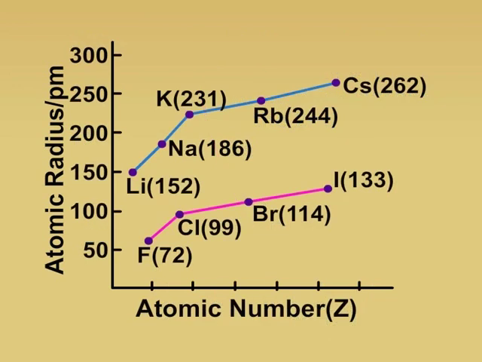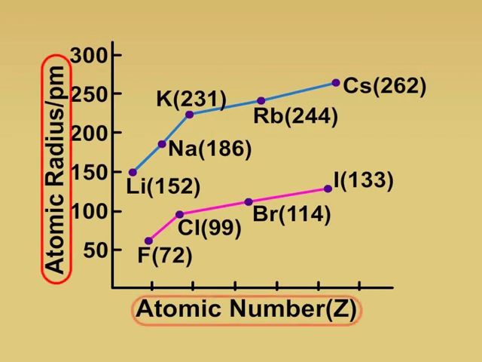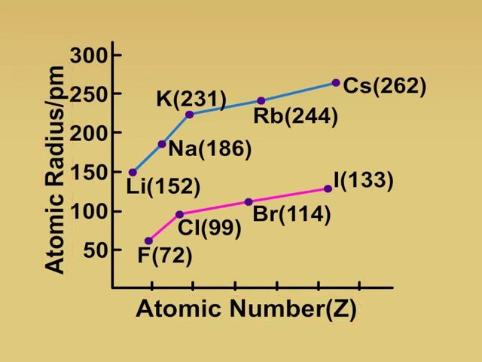Within a family or vertical column of the periodic table, the atomic radius increases regularly with atomic number, as you are seeing on the screen. Have a look at the increase in atomic radius from fluorine to chlorine to bromine to iodine with the increase in atomic number.